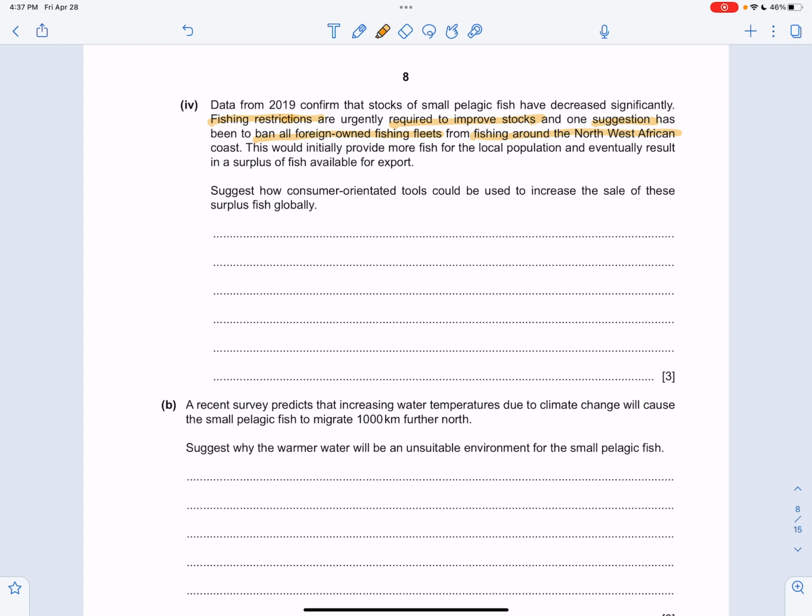This would initially provide more fish for local populations and eventually result in a surplus of fish available for export.